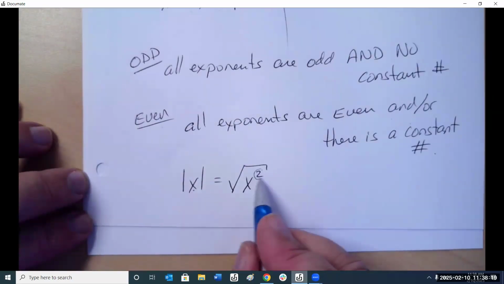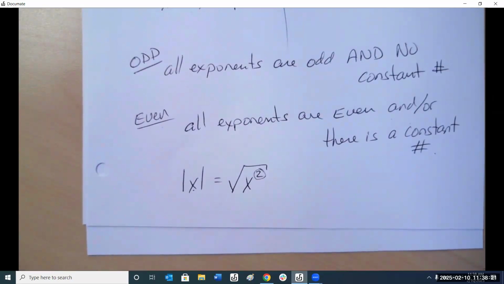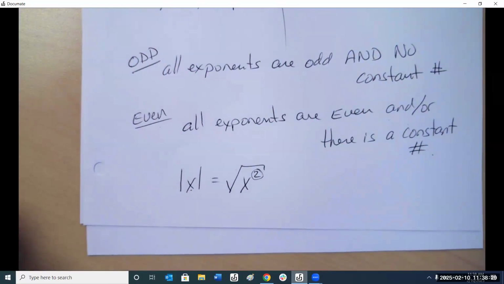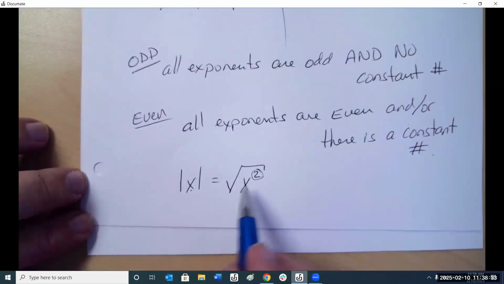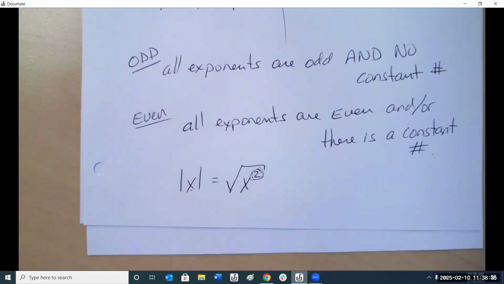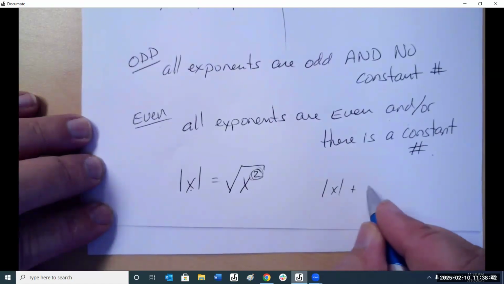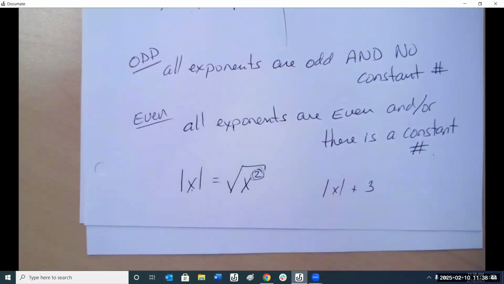What does the square do to a negative number? Makes it -3 times -3 is +9. And what does the square root do? Brings it back down to the size of the number. So that's all it does. So that's how come the absolute value is an even function. So absolute value plus a constant, that's going to be an even function.